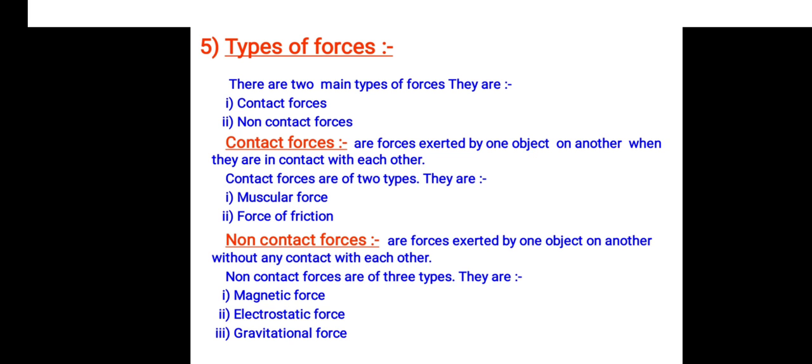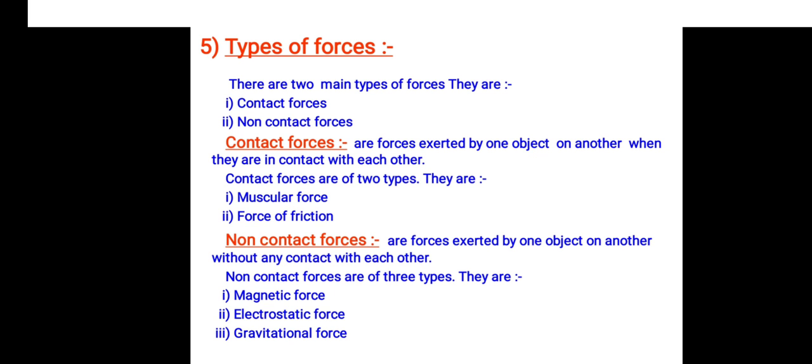So I repeat, there are mainly two types of forces. The first one is contact force and the second one is non-contact force. Contact force is the force exerted by one object on another object when they are in contact with each other.